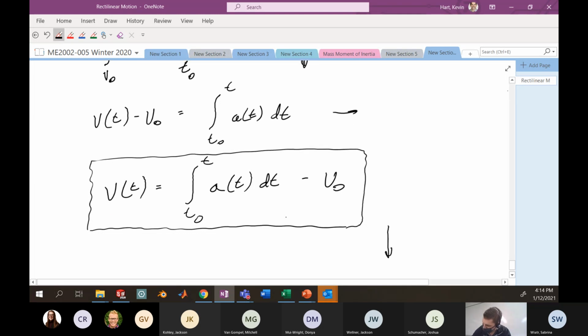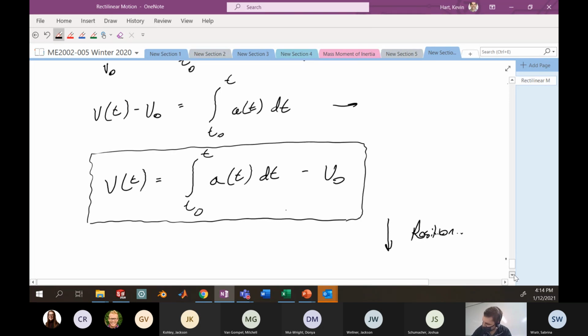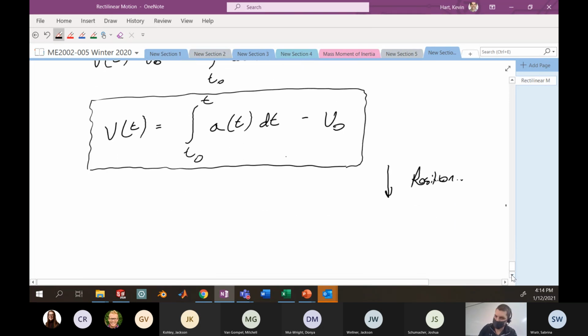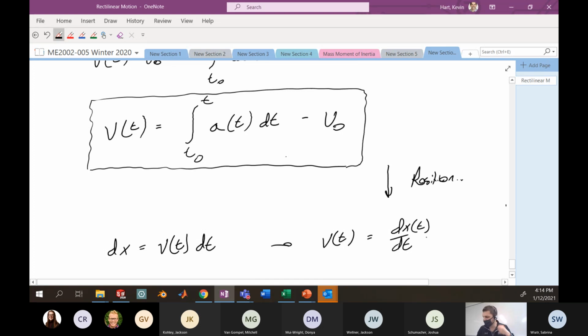All right. So position also follows here. Same idea: we have dx is v of t dt. This is coming from this general expression, just rearranged.